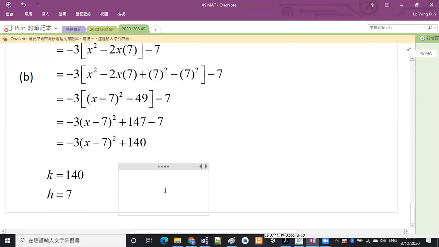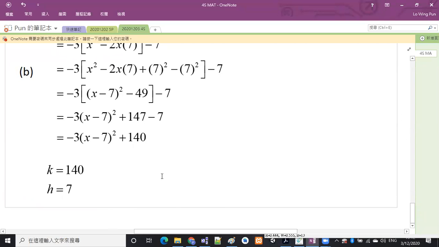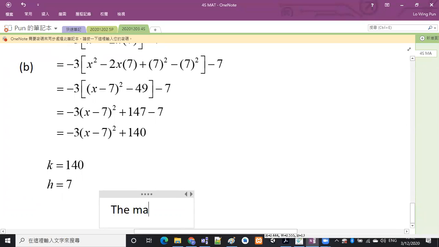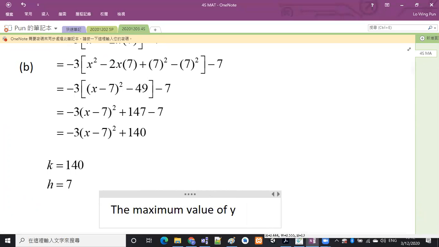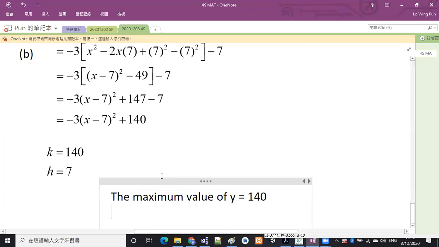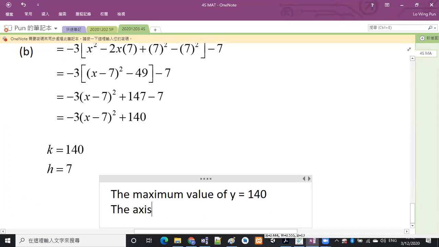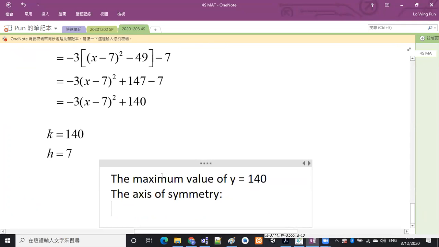And then the maximum value of y will be the k value, 140. Okay, and the axis of symmetry will be the equation of a straight line.